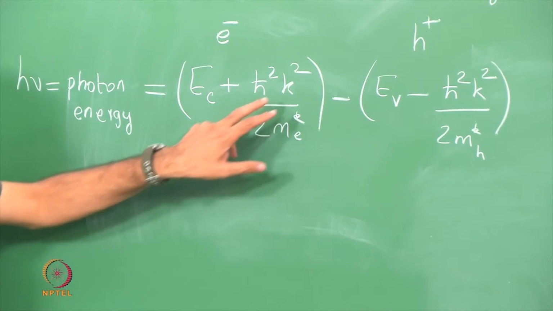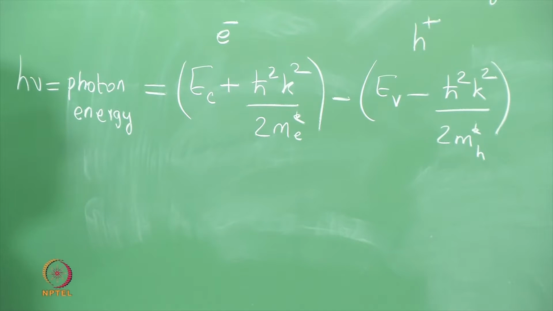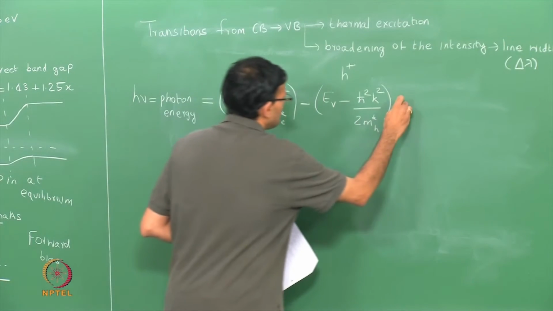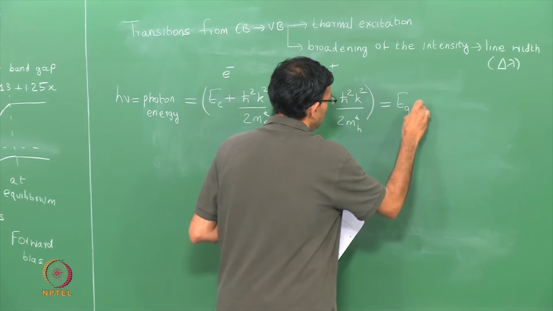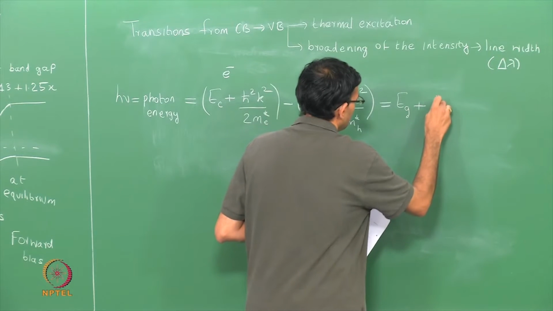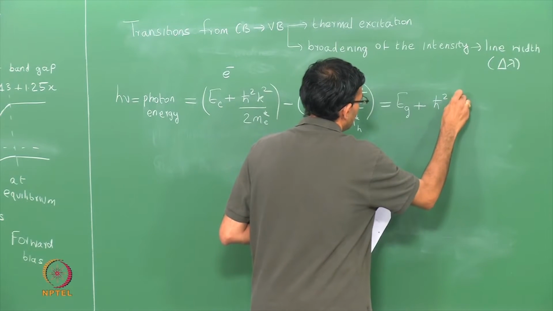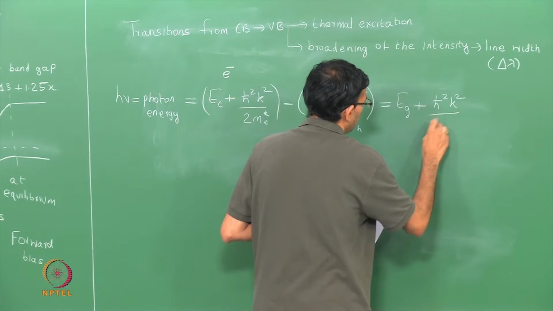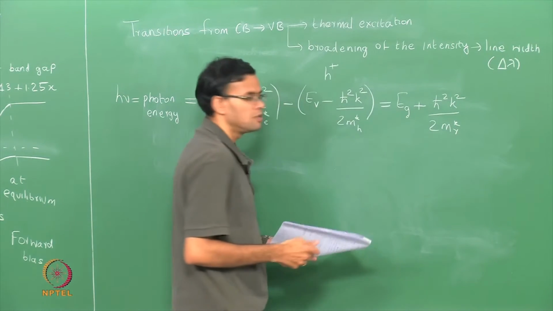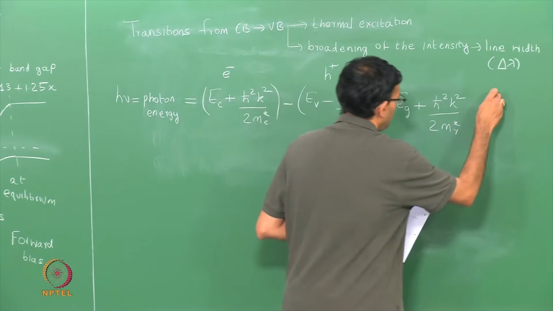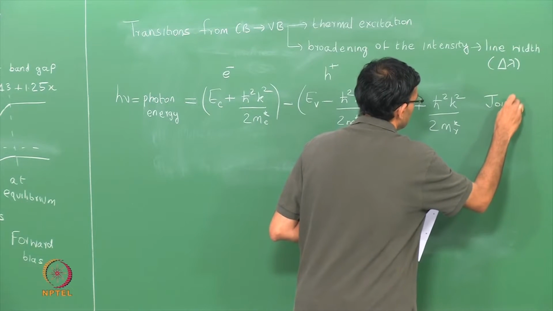So, these values of k can be different, but for simplicity let me just take them to be the same. In this case, this equation simplifies to E g plus h bar square k square over 2 m r star. So, this equation is called the joint dispersion relation.